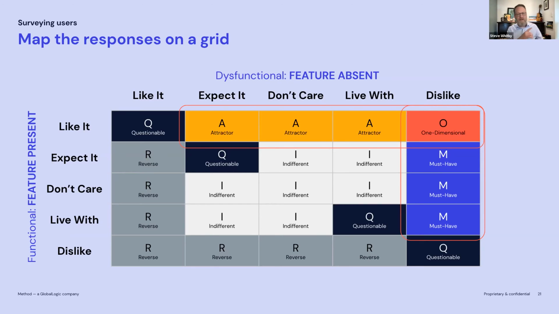Now you see those Q's. We won't dive into that too deeply. I can send you a paper on it if you want at some point, but the Q's basically means we're bad at asking questions because they answered, if I've got it, I love it. If I don't have it, I love it. Well, that doesn't make any sense. Or if I don't have it, I hate it. And if I have it, I hate it.